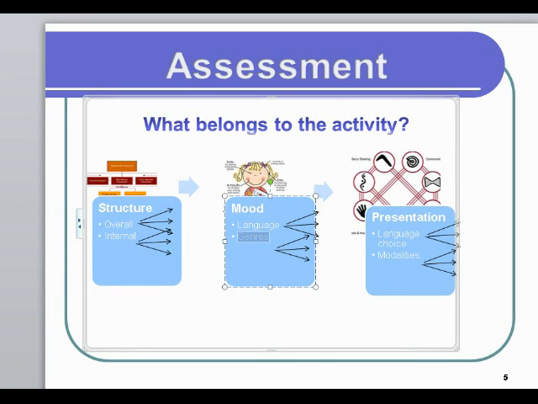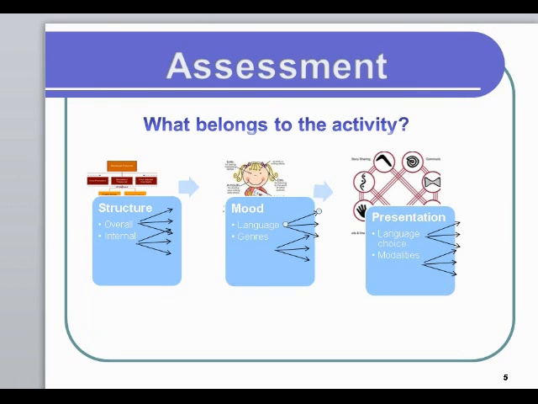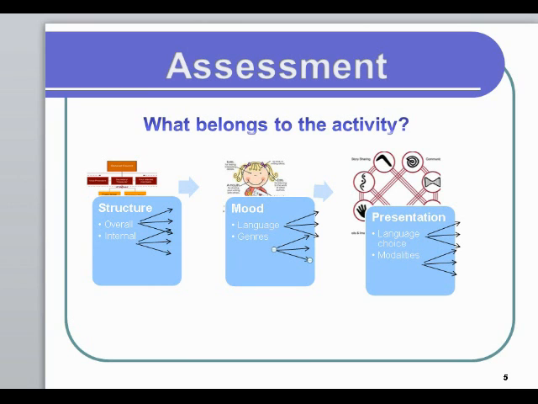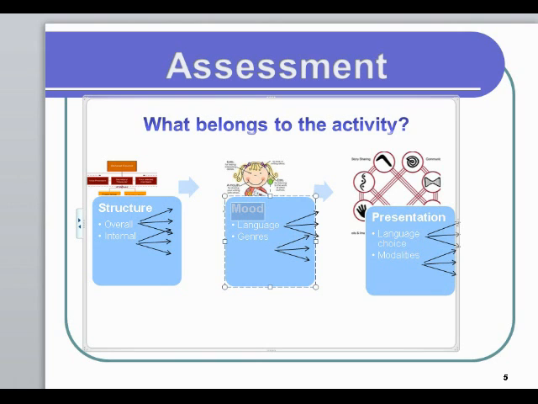You can see? So that's why I have put here these little arrows, because not one language tool will communicate the mood, but many: at the sentence level, at the phrase level, at the modality level, for example, and with genre as well. There will be different sources of human activity that we will call upon in order to make the mood come across the way we would like it to.